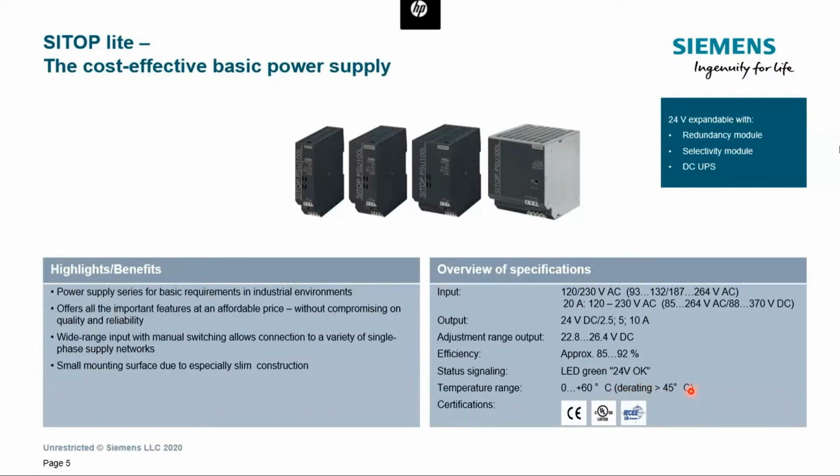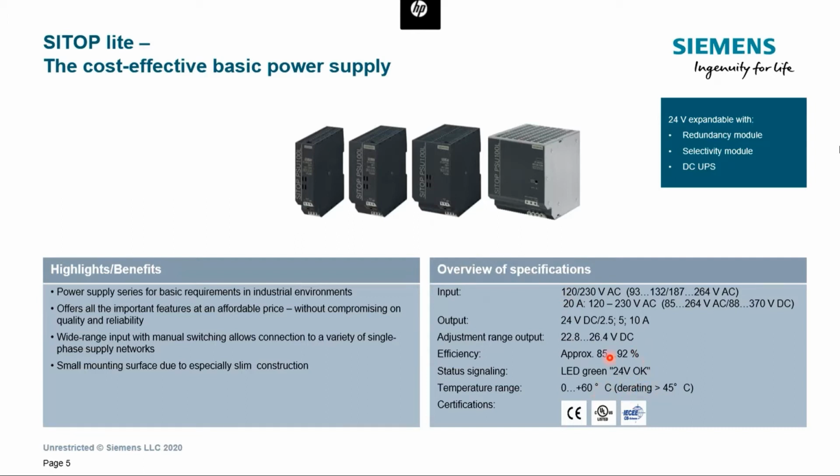Since we have seen this derating, let me explain what it means. So the power supply, for example, let's say that we have the 10 amp power supply. The power supply itself can operate up to 60 degrees, but not for the full 10 amps. So up to 45 degrees, you can still have 10 amp output of this power supply.